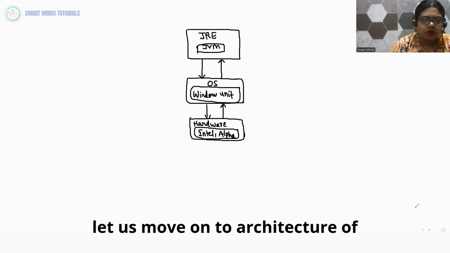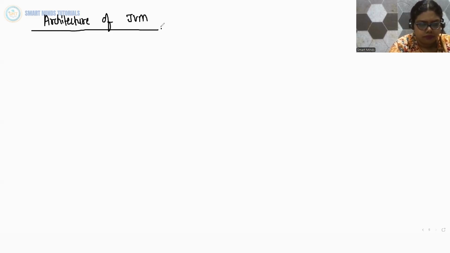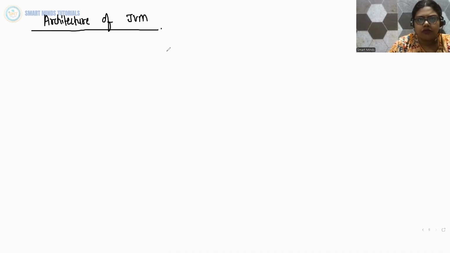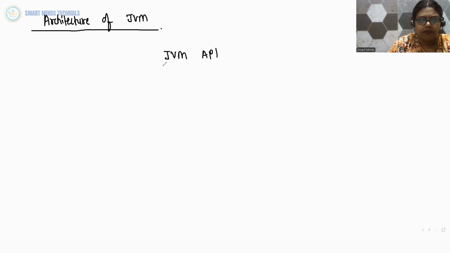Now let us move on to the architecture of JVM. I will show you the JVM architecture. First we take JVM API.